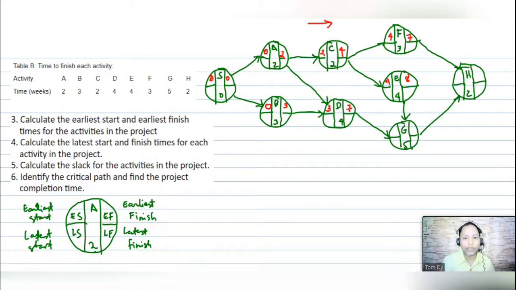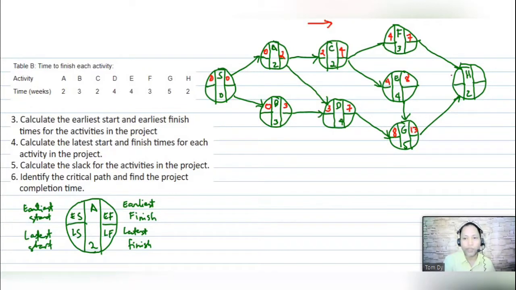Okay, so this time, if you have noticed for G, we have 2 arrows or 2 activities before G. That is activity D and E. This is 8, this is 7, so we will follow 8, the highest value. 8 plus 5, that is 13.